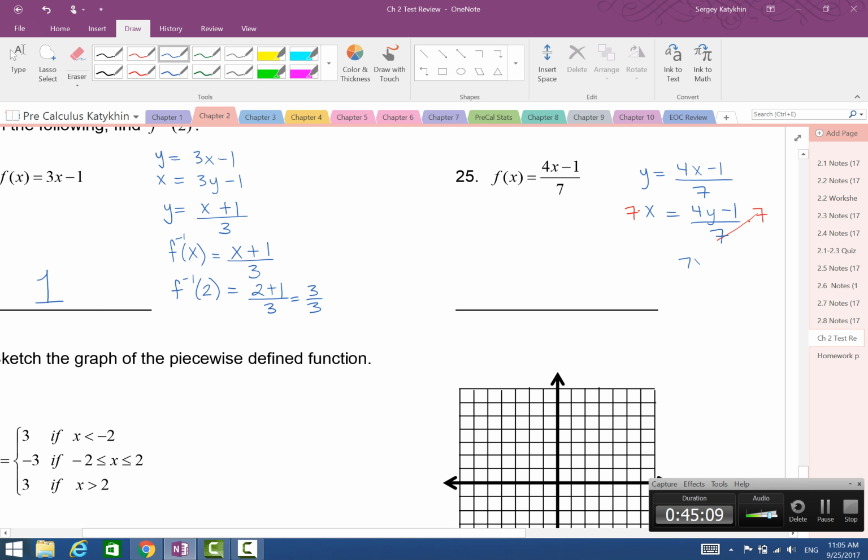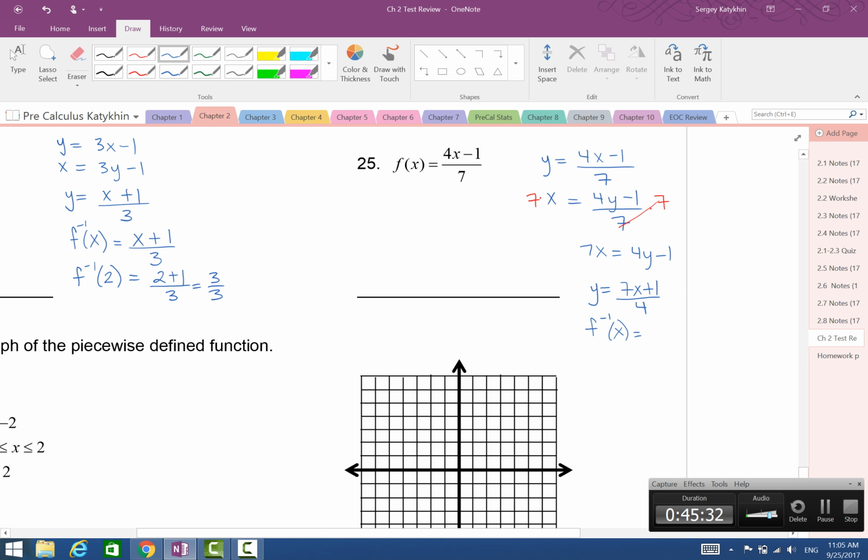You get 7x is equal to 4y minus 1. And then if you continue with that, you move the 1 to the other side, so that gives you 7x plus 1. Divide by 4, and that gives you the inverse function of x is equal to 7x plus 1 divided by 4.